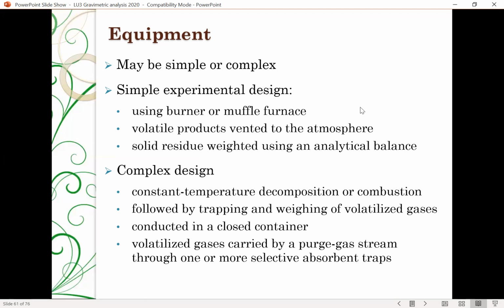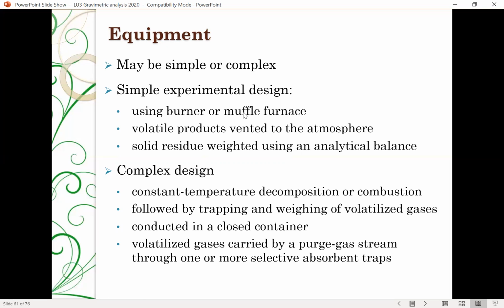For volatilization gravimetry, it depends on the equipment. At the beginning of this lecture, I mentioned subjecting your sample to thermal or chemical treatment. So your equipment may be simple or complex. These are some examples of simple experimental design, whether we use a burner or a furnace. A furnace is normally used for volatilization gravimetry in most laboratories.